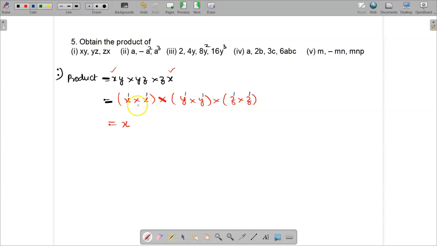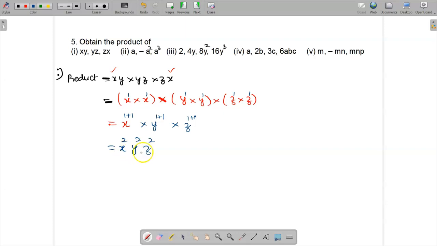So for x repeated 2 times, I write x only one time and add the powers, 1 plus 1. Similarly y, 1 plus 1, and z, 1 plus 1. So 1 plus 1 is 2 for each, that is x square, y square, z square.